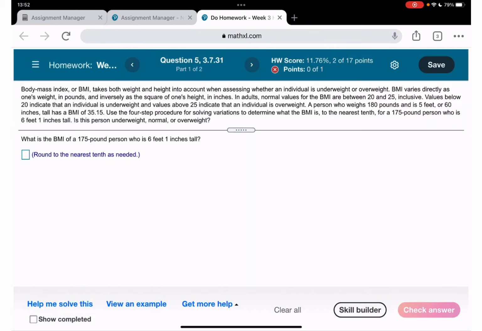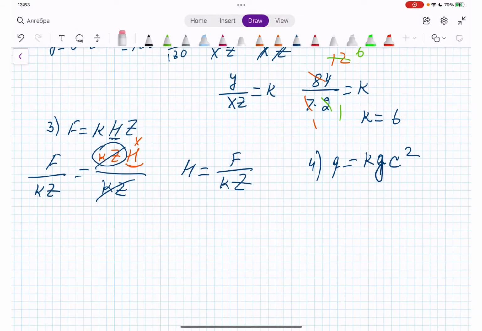Fantastic. Question number 5. BMI takes both weight and height into account when assessing whether an individual is underweight or overweight. BMI varies directly as one's weight. Okay, taking a note, directly, which is going to be BMI equal, I will write down in the notes, as number 5.